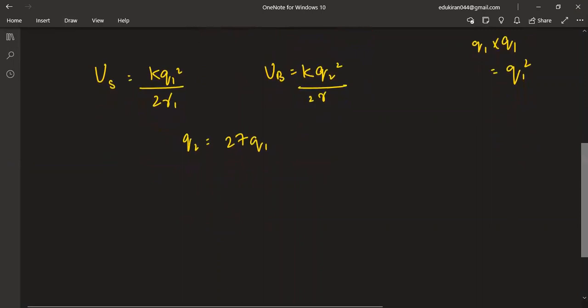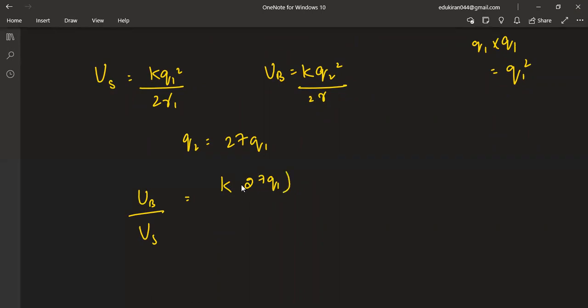So when you substitute this finally, if I write it as U bigger by U smaller, this is going to be K into 27 Q1 whole square divided by 2 into 3R.